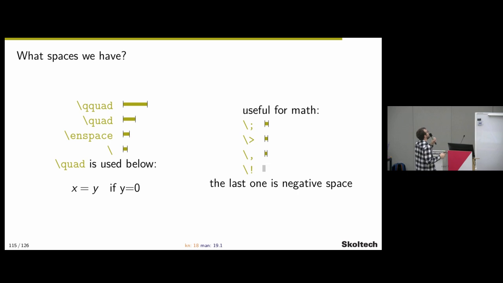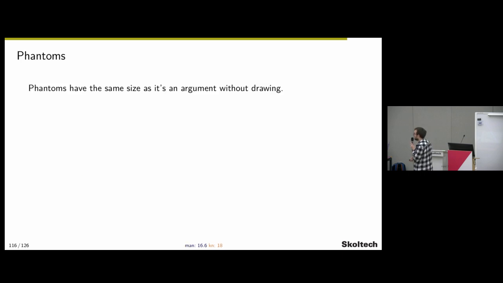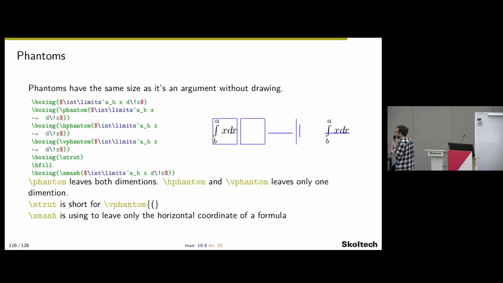Also you have some other spaces like this. These spaces are used, for example, to create dx in an integral. If you use x and dx and want to make the space between d and x narrow, you can use something like this. So spaces are useful in math. Also we have phantoms.